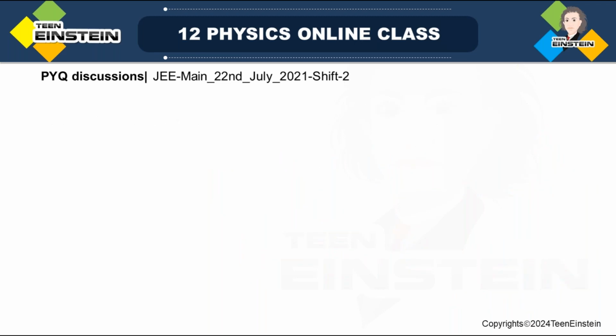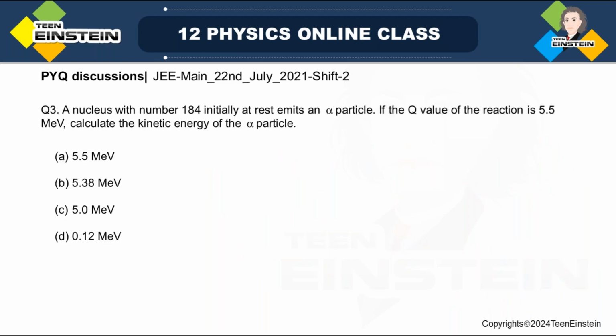So let us go to the next problem. This problem is very, very interesting. Problem 3 says a nucleus with mass number 184 initially at rest.